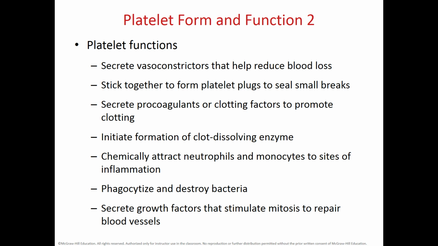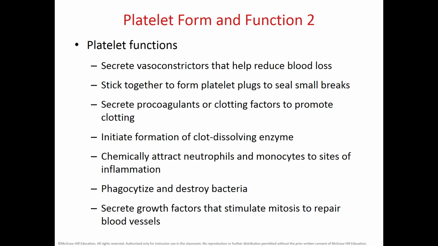So functions. They secrete vasoconstrictors, so they can create this spasm in the blood vessels to help to reduce the diameter of the blood vessels, so you can have less hemorrhage or leaking of blood. They will stick together to form this platelet plug that will form a temporary seal within small injuries within the blood vessels, and they will secrete chemicals that act as procoagulants, or clotting factors that promote clotting.